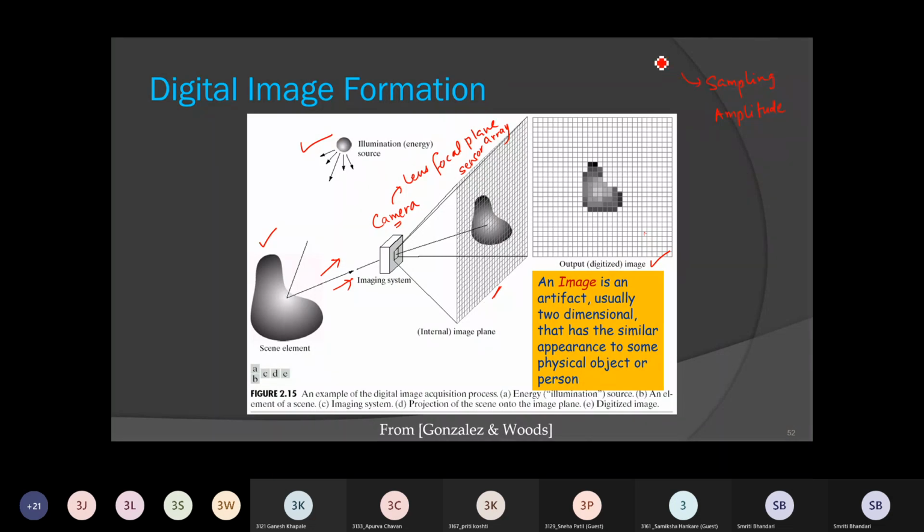So whenever the coordinates are digitized, we say that this process is sampling, and if we digitize the amplitude, we say that the process is quantization. You are supposed to understand these two concepts, sampling and quantization. We are going to focus on these two concepts in depth. Both quantization and sampling processes involve some loss.